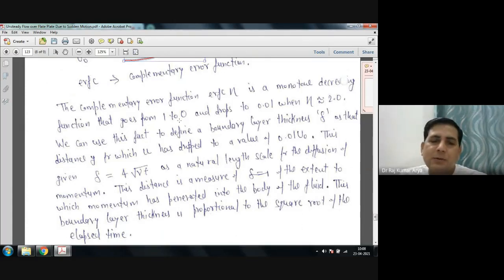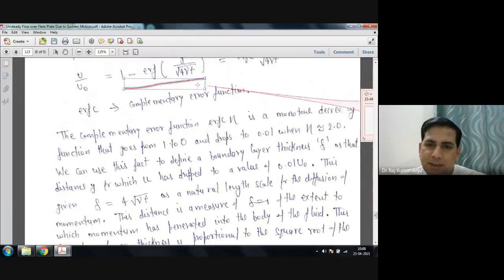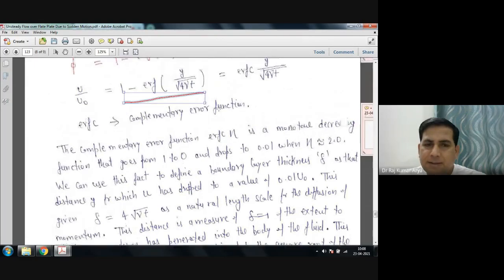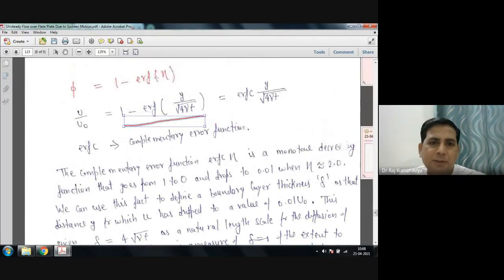Means the highest value can be 1 and the lowest value can be 0 only, and it drops to 0.01 when eta tends to 2. If you substitute eta equal to 2 in this expression, it goes to a value of 0.01.